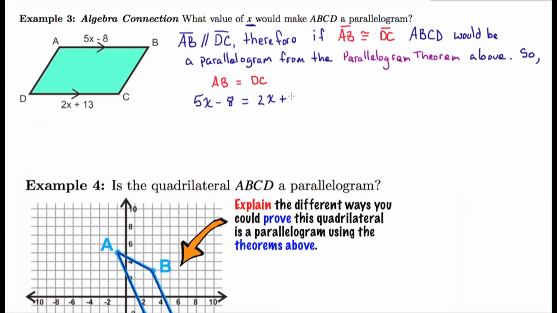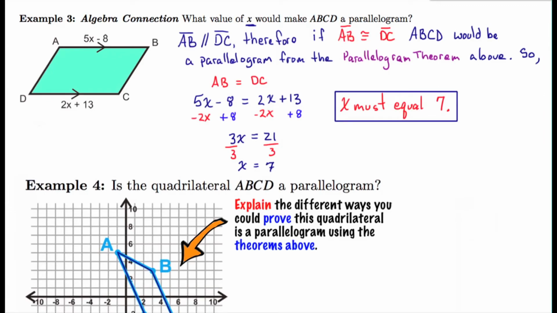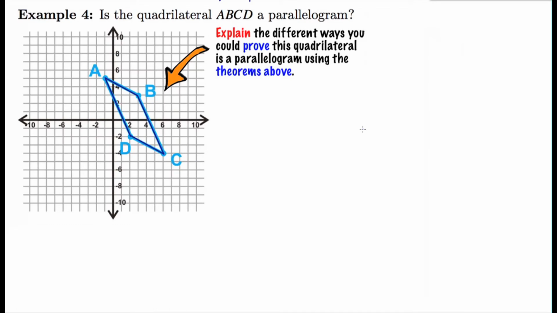So I can substitute the expressions in, and I get 5x minus 8 equals 2x plus 13. And I need to figure out what value of x will make this true. So I need to solve for x just using some simple algebra, and I get x equals 7. So x must equal 7 in order for this figure to be a parallelogram.